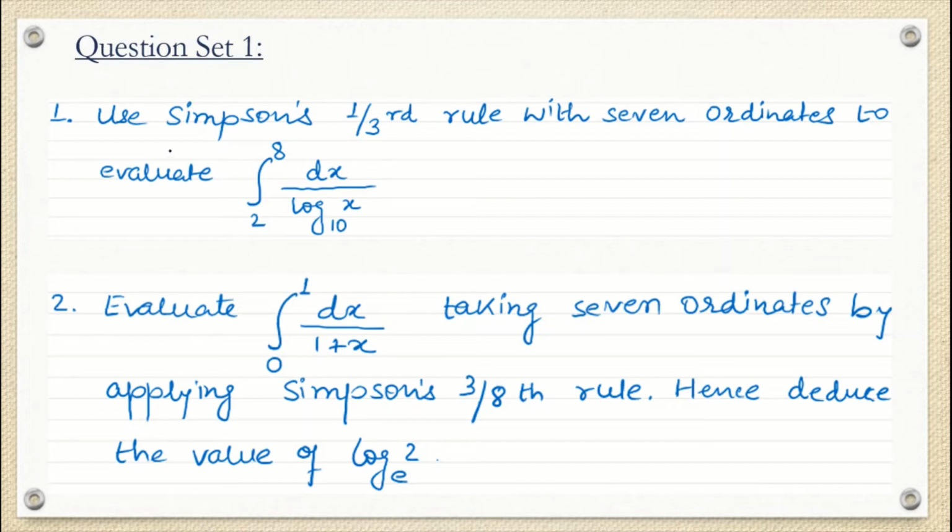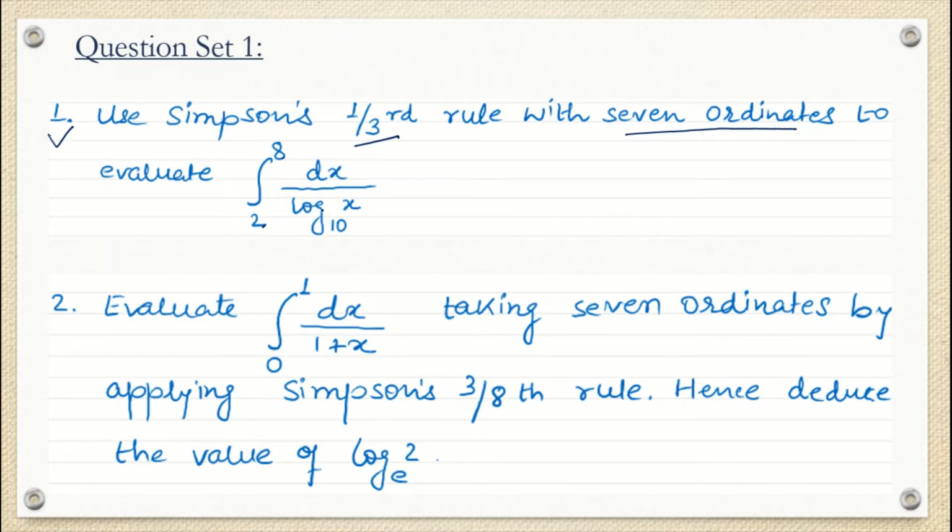They are asking to use Simpson's 1/3 rule with 7 ordinates to evaluate this definite integral, where the lower limit is 2, the upper limit is 8, and the function is 1 by log x base 10.